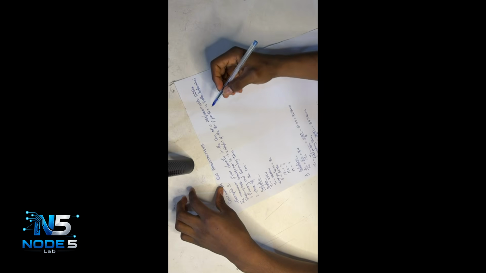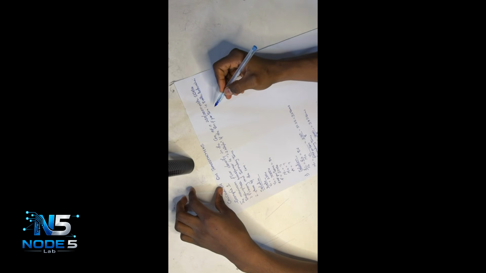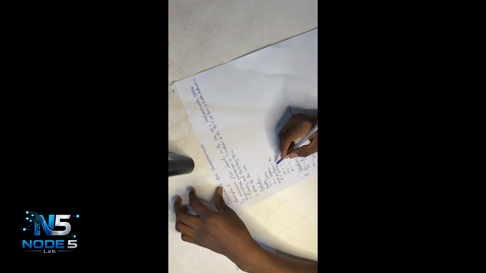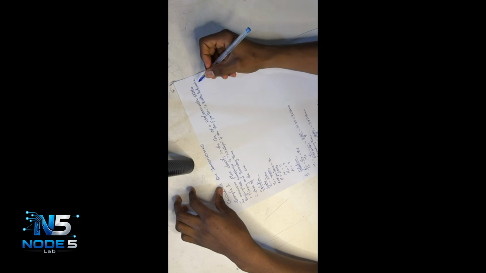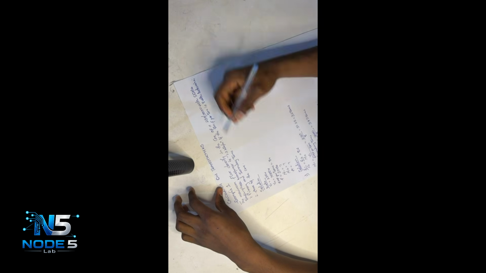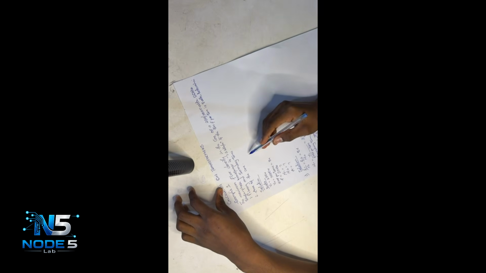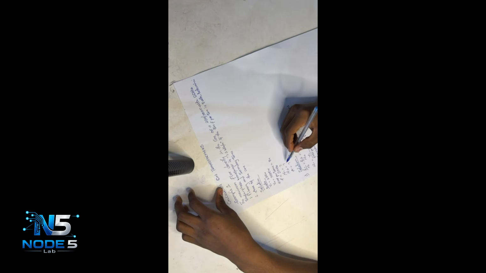We have an EMF of 8 volts per turn for the secondary and the primary windings, and a frequency of 50 Hz. The question is telling us to determine the primary and the secondary turns, and then the area of the core. So we don't have these three things. That's what we are going to find.